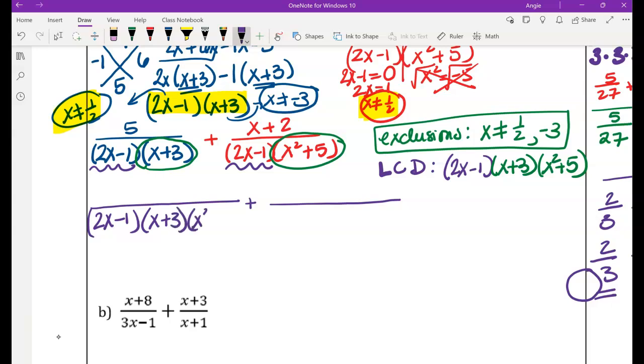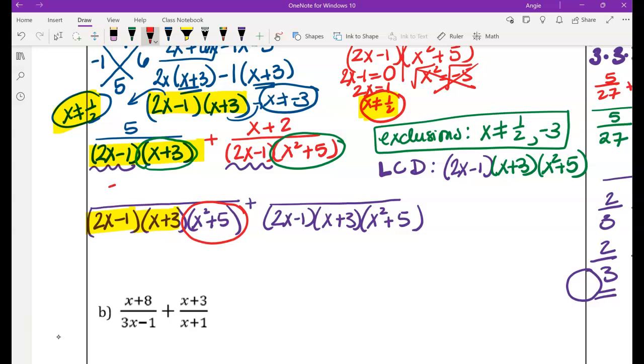Okay, so let's write all the LCDs down first. In this case, we have two fractions, so we have to write this twice. Okay, so now we're going to compare. So pay attention to this. This one has 2x minus 1 and times x plus 3. This one has 2x minus 1 and then x plus 3. That means this one was extra.